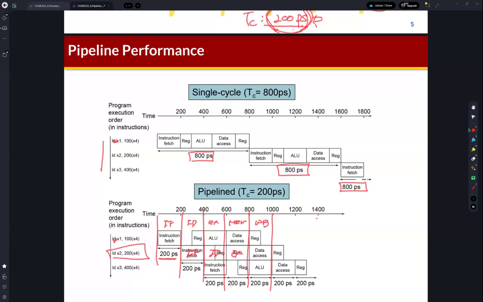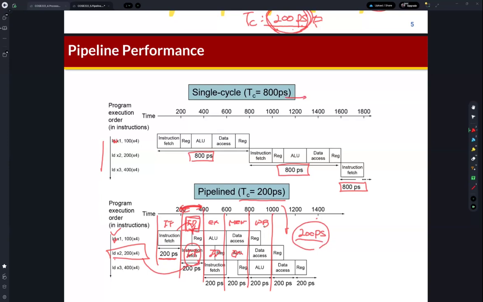And you can find that during this second clock cycle, a new instruction can be fetched because the previous instruction is transferred to the next stage, right? So in this case, the clock period is 200 picoseconds, right?